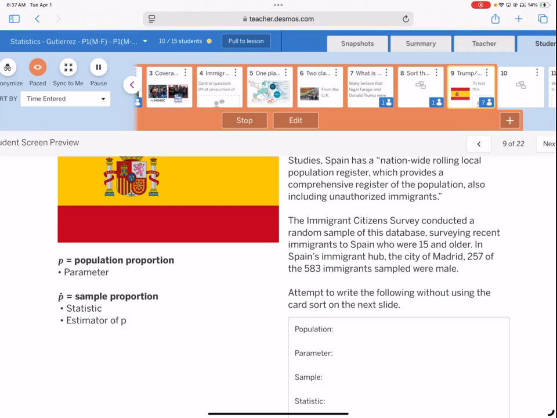All right, so who's the population? Who are we looking at? Who are we interested in studying? More specifically, it's immigrants, but more so migrants. But more specifically, who are we interested in? Who was surveyed?